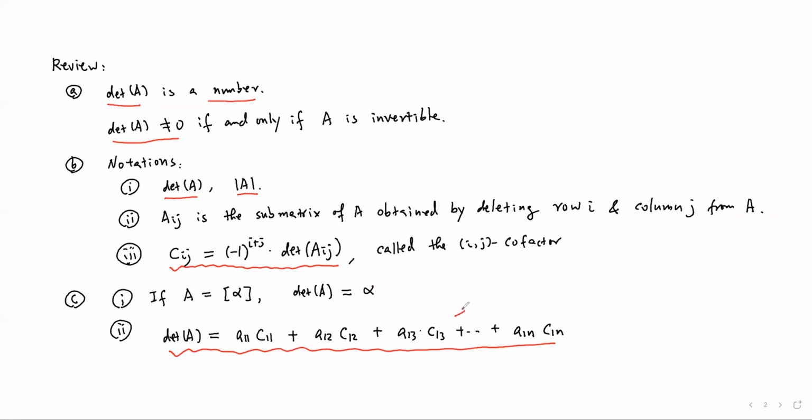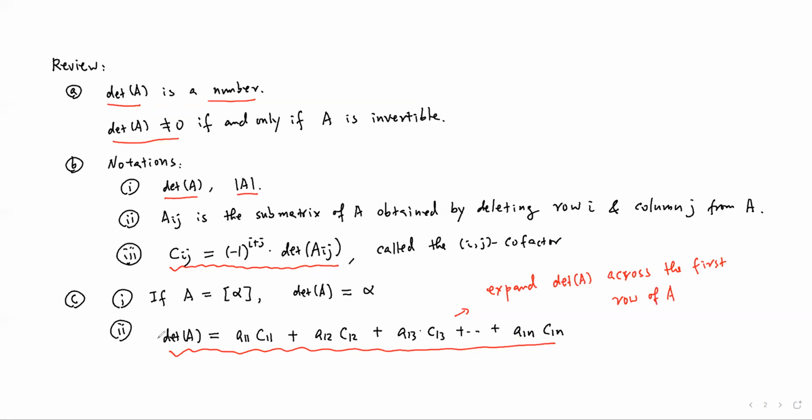We call this formula expanding the determinant across the first row of matrix A, expansion across the first row.